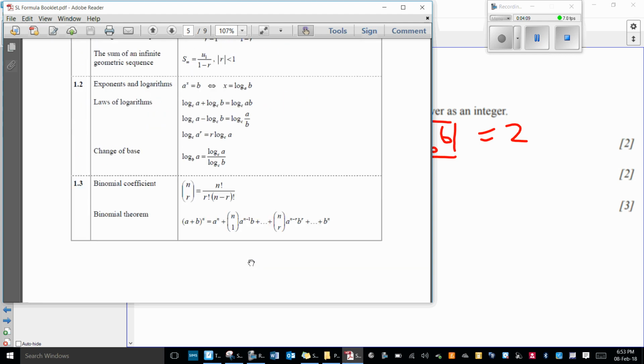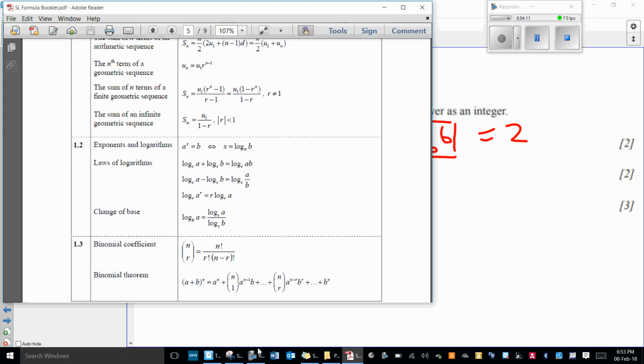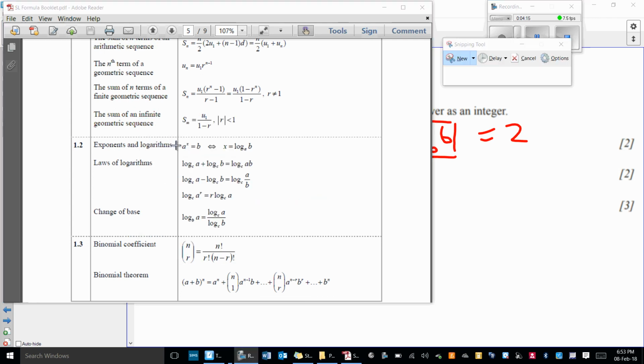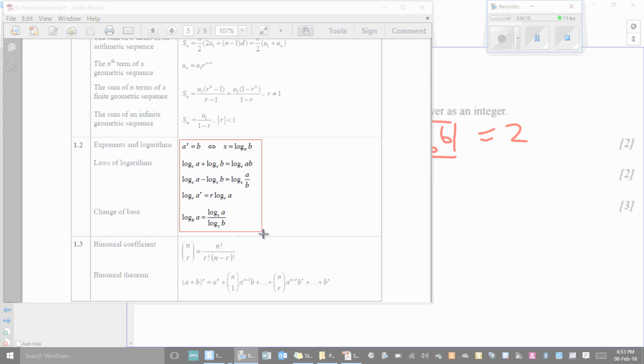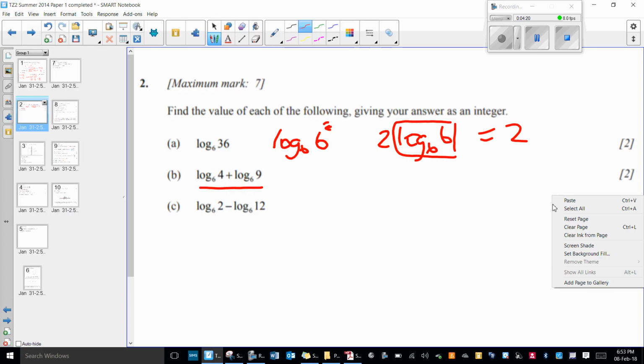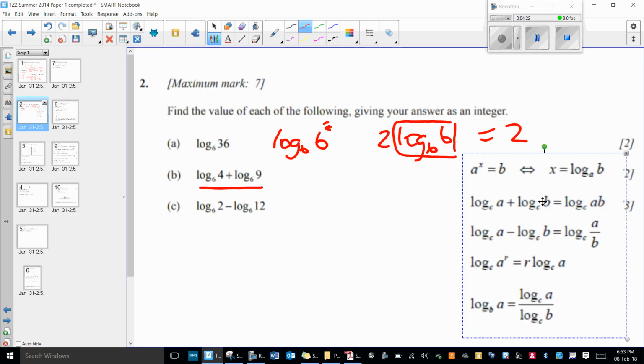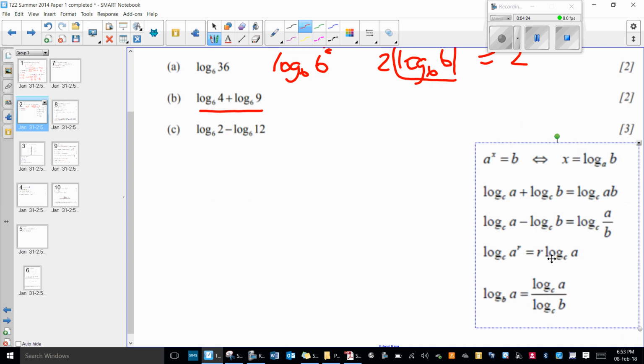So when you're adding logs, you would multiply these values here.